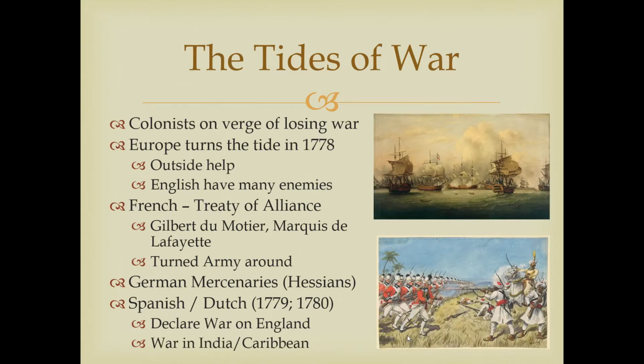The Spanish will take some islands in the Caribbean, as will the French, while the Dutch will try to raise banners against the English and ally with some of the natives in India, and try to take control of some of the land in India.